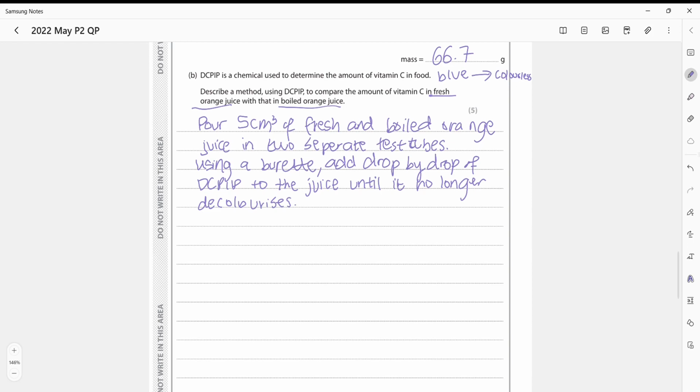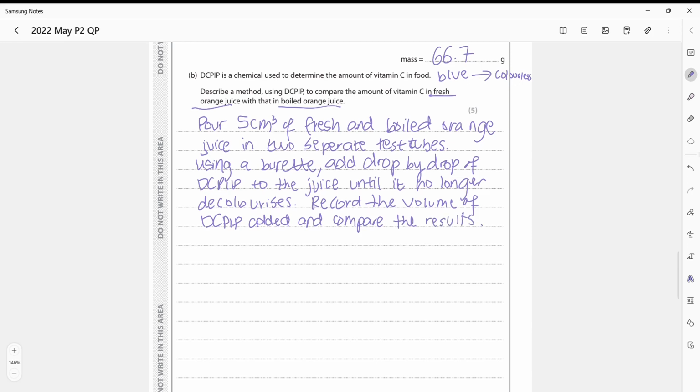Because what happens is DCPIP is blue in color, and in the presence of vitamin C, it becomes colorless. Then we would record the volume of DCPIP added and compare the results.